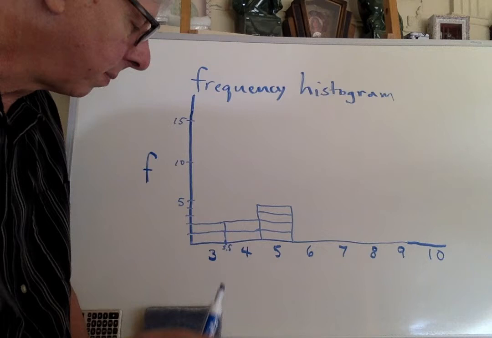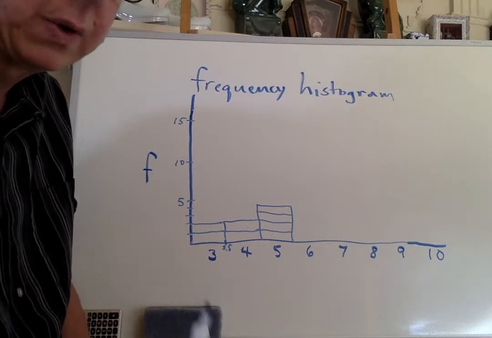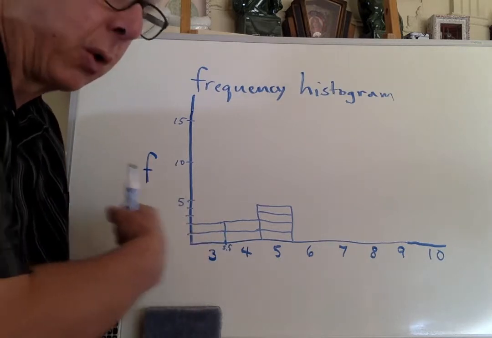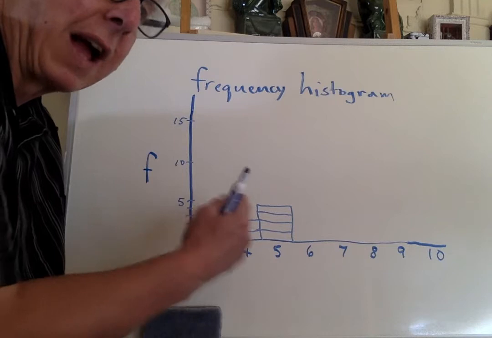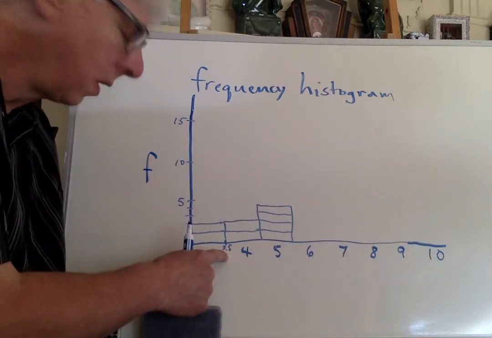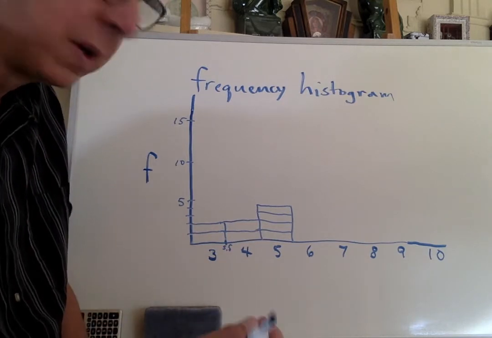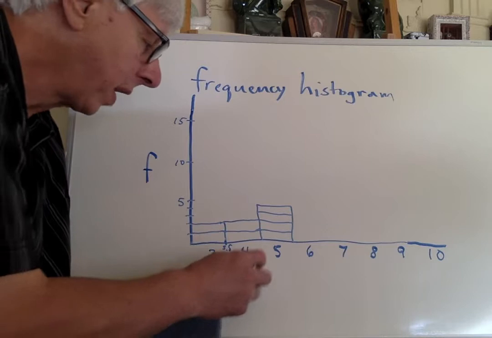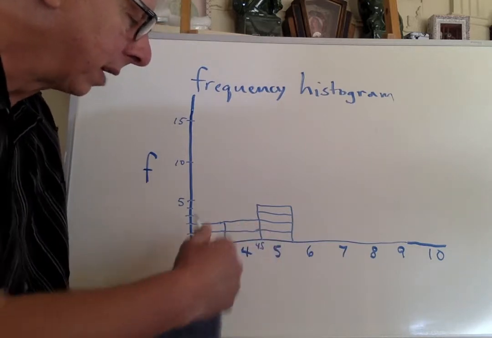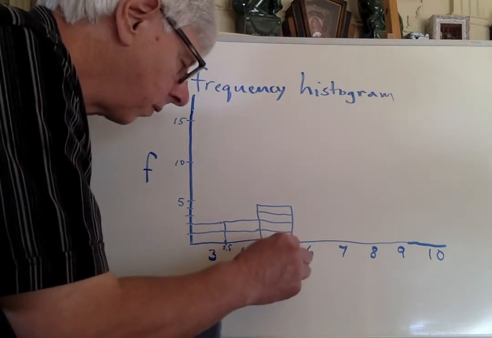Okay? Sometimes people say, well, what would happen if somebody got a 3.5? Where would they go? Well, if somebody had a 3.5, then our whole graph would change. We would have a graph with decimals on it. Okay? We know that it underlies the continuous variable, but we have no way of measuring that. Likewise, this line technically comes down at the upper real limit for 4, the lower real limit for 5, and so on and so forth.